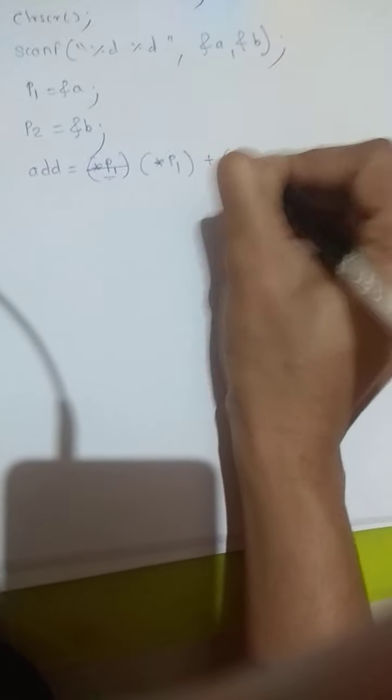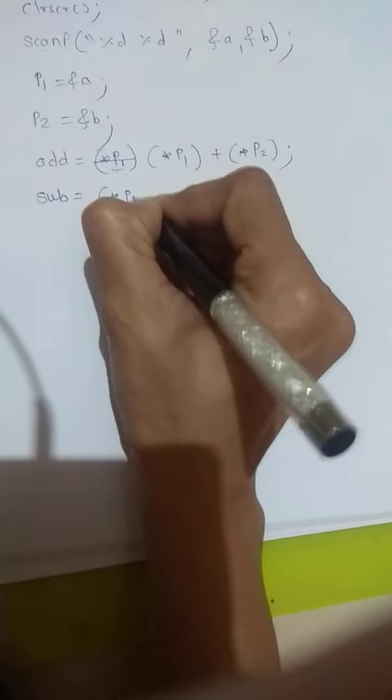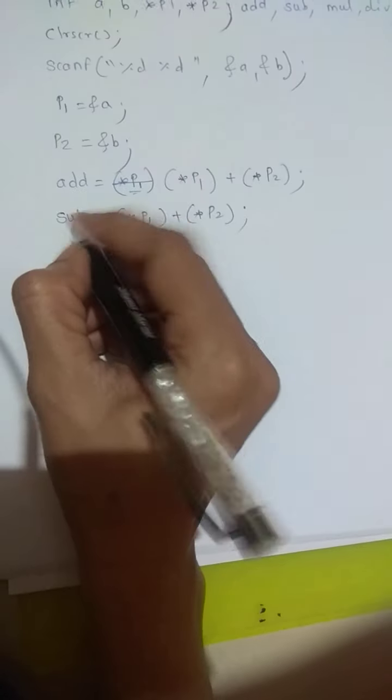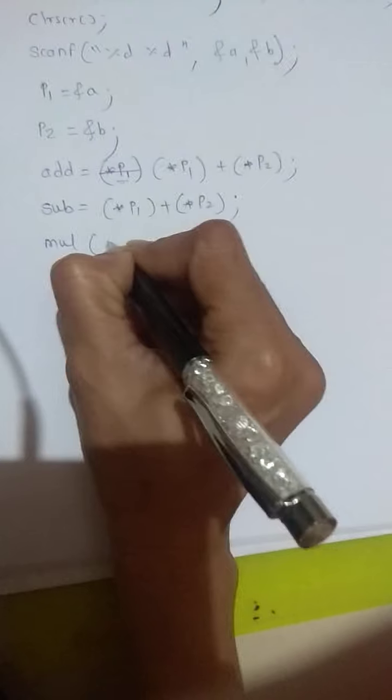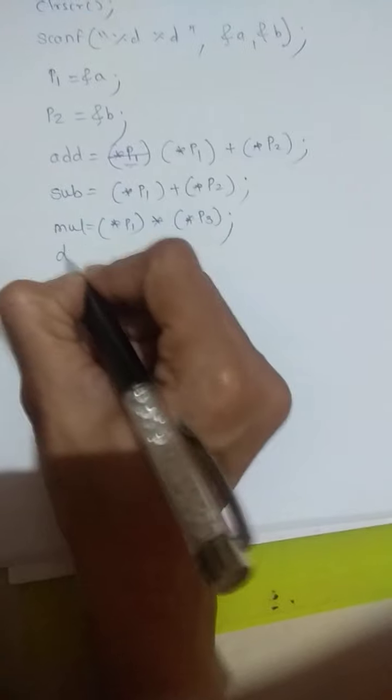Value of star p1 plus star p2. Then for subtraction, star p1 minus star p2. Then multiplication, star p1 times star p2, only the sign changes, remaining program is same. Then division is equal to star p1 divided by star p2.